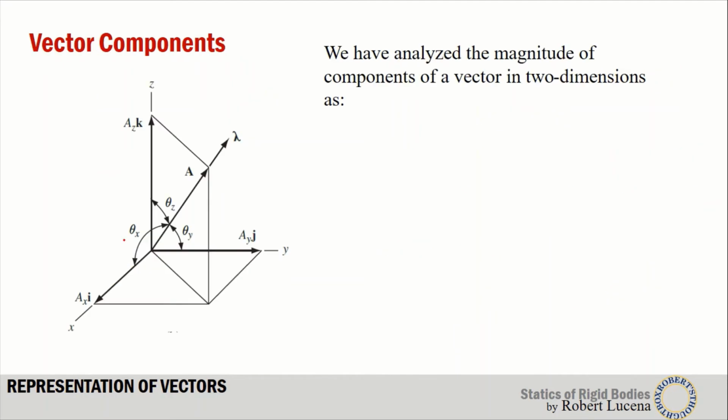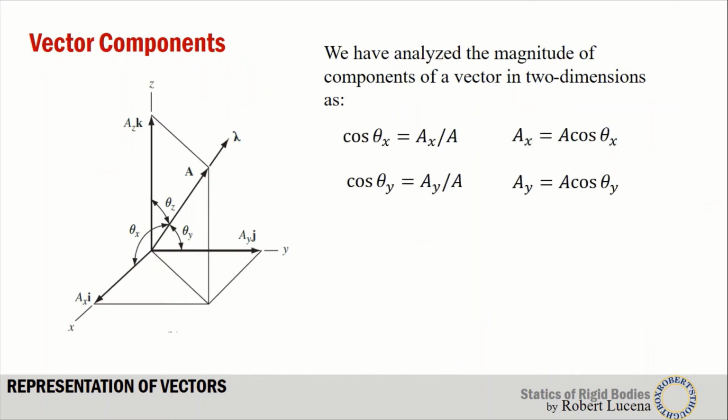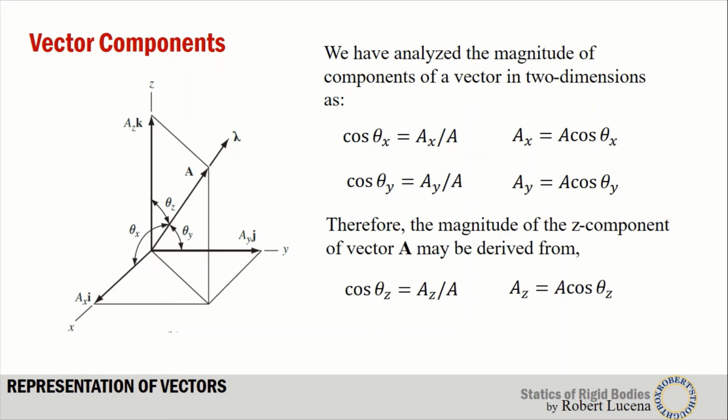This goes the same for a three-dimensional vector. Therefore, the magnitude of the z component of vector A may be derived from cosine theta z equals Az over A, which is similar to these two. Therefore, it is also applicable for the z component of vector A using the direction cosine for theta z.